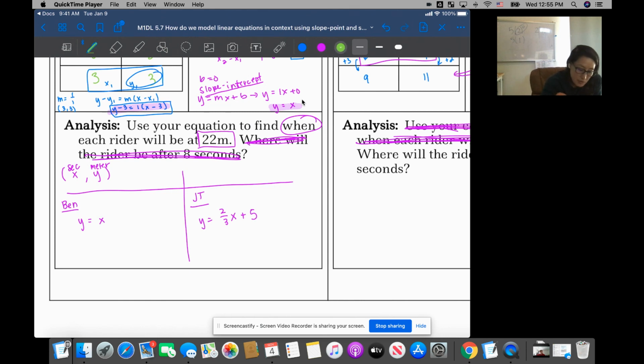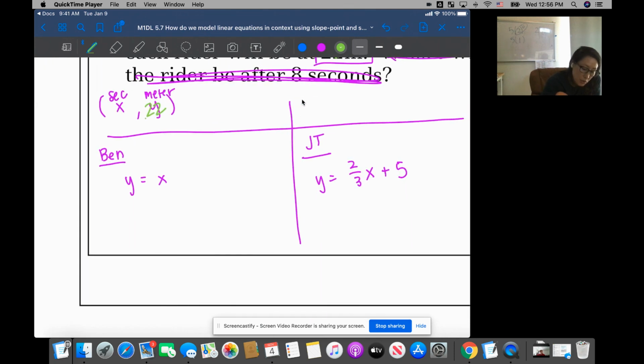Okay, am I going to substitute the 22 in for the x or the y? Remember, 22 represents the y because it's 22 meters. So we're going to figure out what is the coordinating x value, or the coordinating time, that would give me a distance of 22 meters. So instead of the y, we're going to replace the y with 22 in each of these equations.